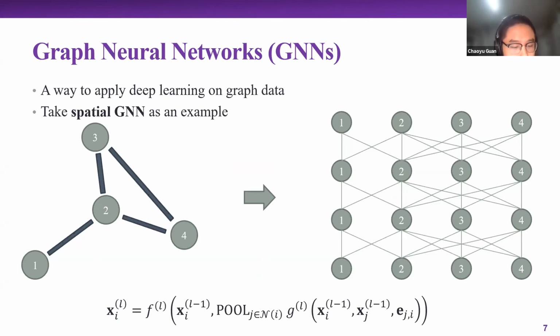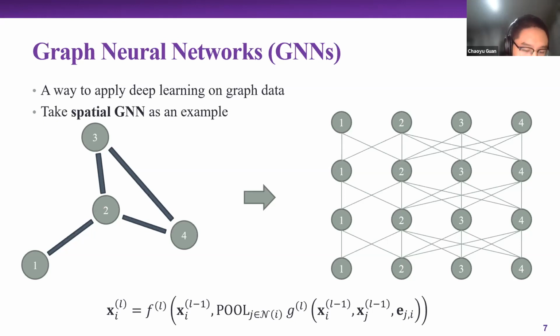The formulation is shown below. For a node i in the layer l-1, all the features of the neighbors will first go through a function g together with the feature of node i and the edge connected with them. Then the output of g is pooled for all the neighbors. Then the pooled features will go through function f to obtain the new features of the next layer.